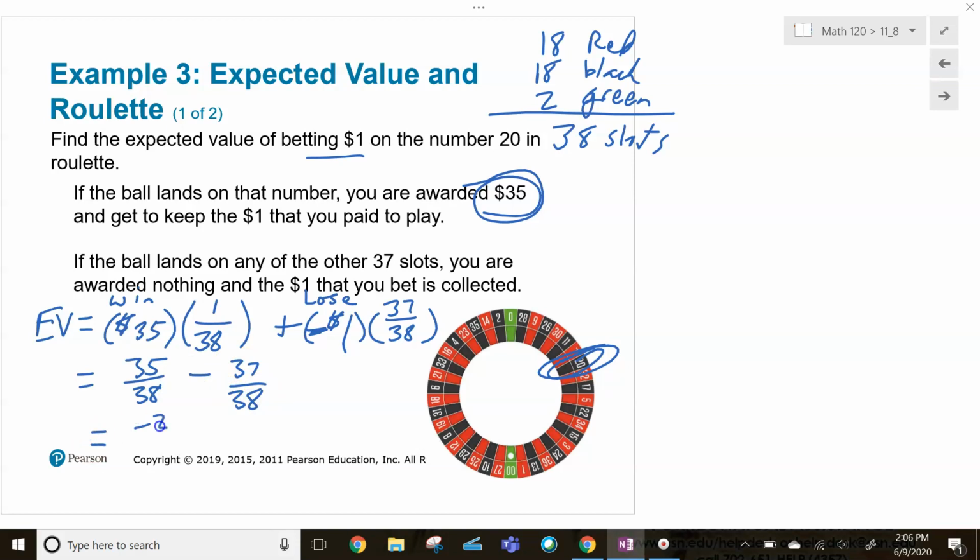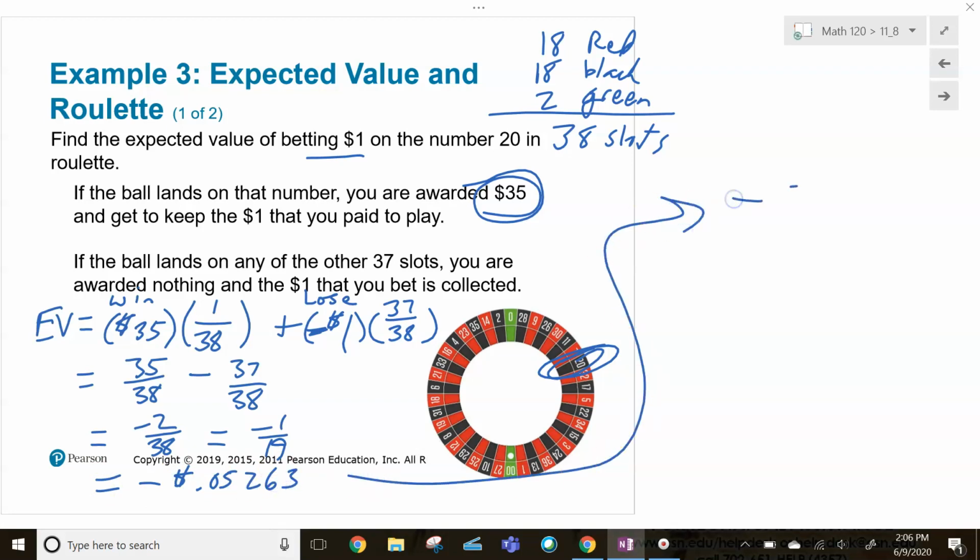So we got negative 2 out of 38, or negative 1 in 19. That's negative 0.05263. I'm going to round it to the nearest hundredth since we're working in dollars and cents here. So that is a loss. This expected value is a loss of 5 cents.